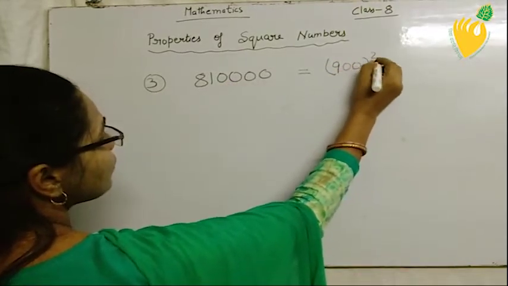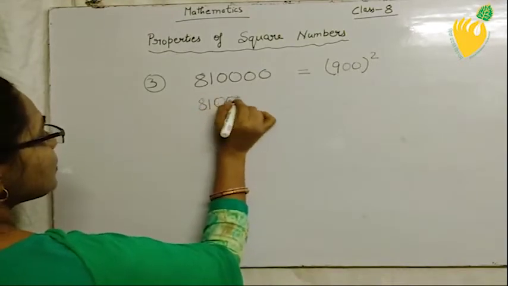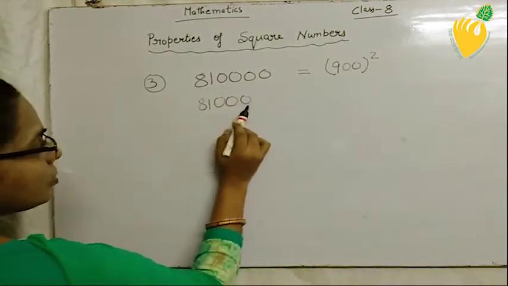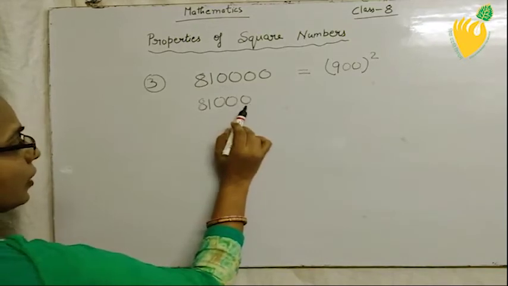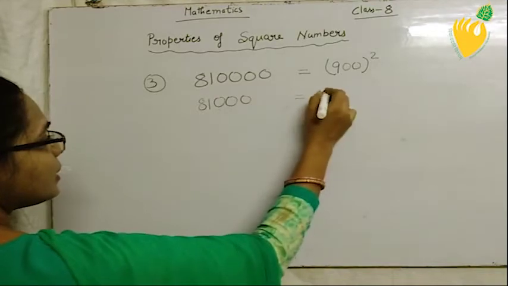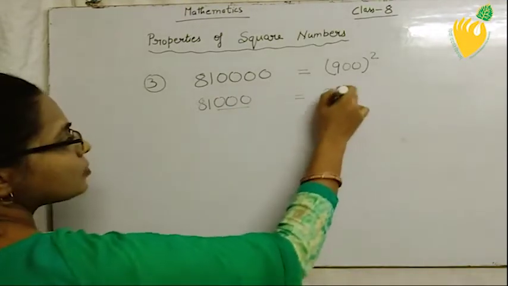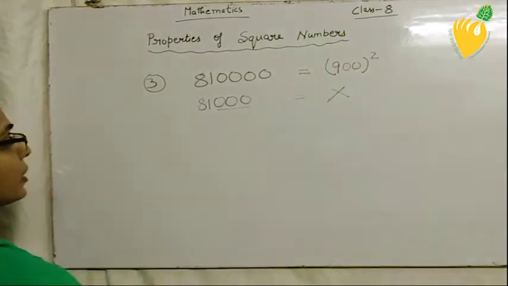This is a square of 81. Similarly, take one more example. How many zeros are there, students, at the end of this number? 1, 2, 3. And this is 9 nines are 81. But here there are 3 zeros, so it is not a perfect square of any number.